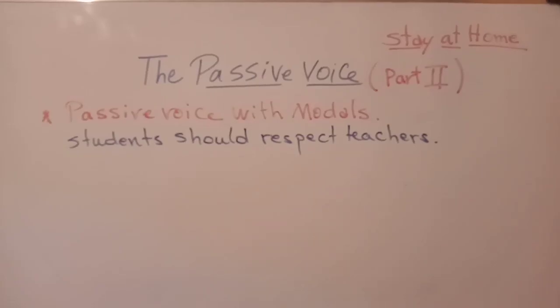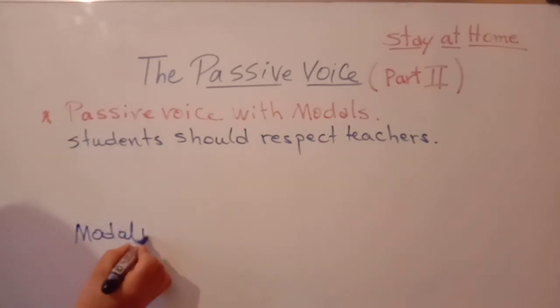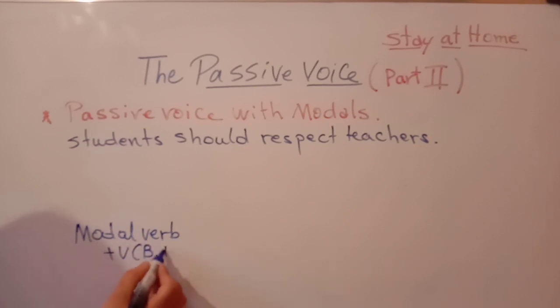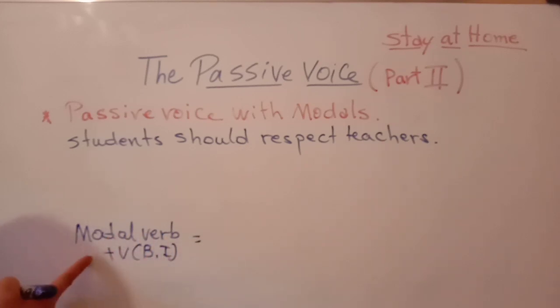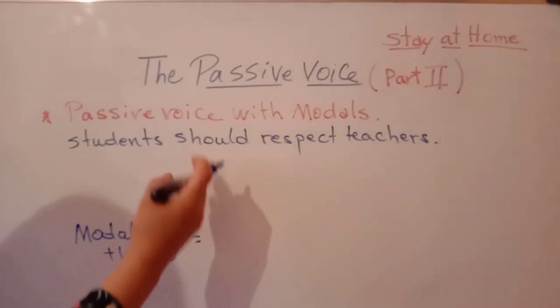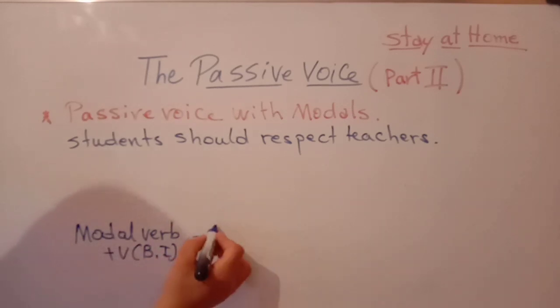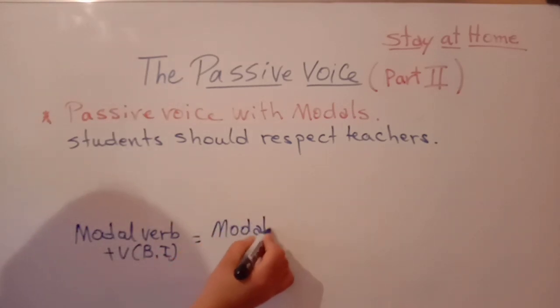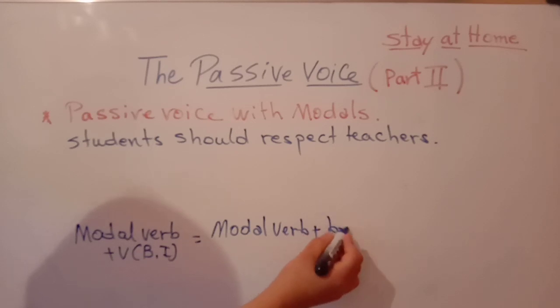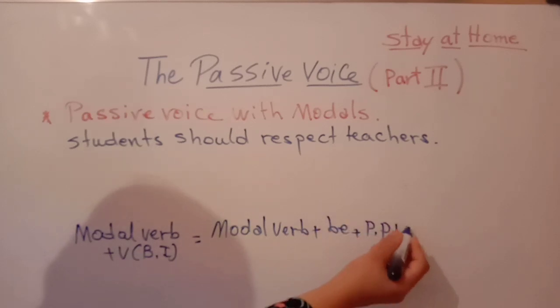Good. Now let's study passive voice with modals. As you know, you have modals in the present and modals in the past. When the modal is in the present, you have modal verb plus verb bare infinitive, okay, in the active sentence. In the passive voice, we keep the same modal, modal verb plus be plus past participle of the verb.